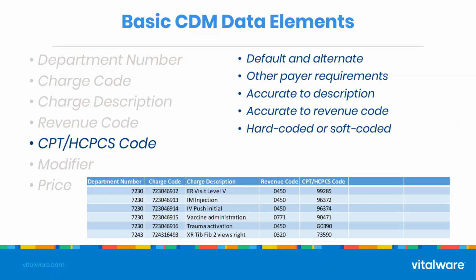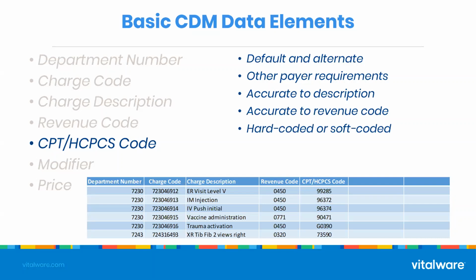These also may have specific payer requirements where maybe the managed care payers are looking for a particular CPT code, but Medicare prefers a HCPCS code be billed on Medicare claims. And so with those differences in billing requirements, most charge masters will have a default CPT HCPCS column and perhaps multiple alternate columns.